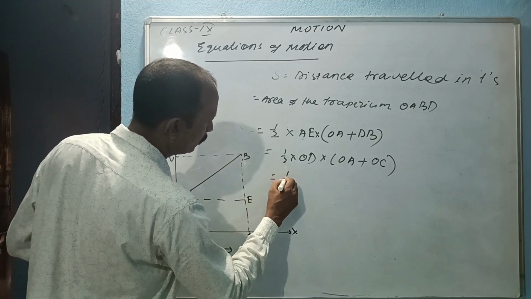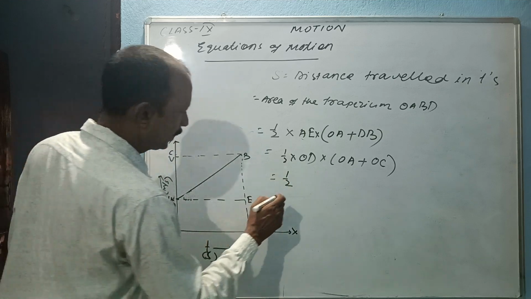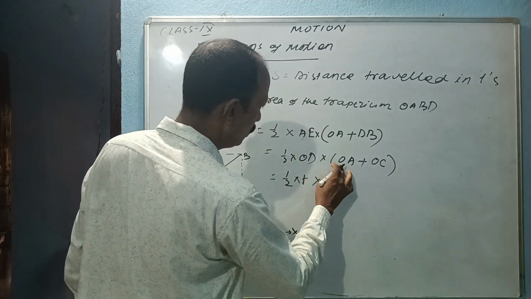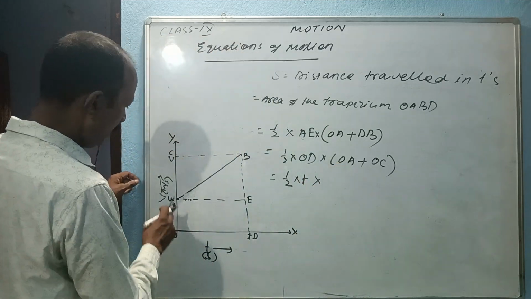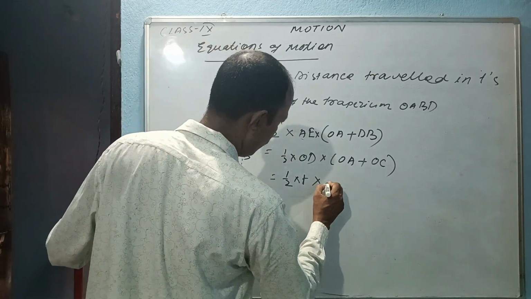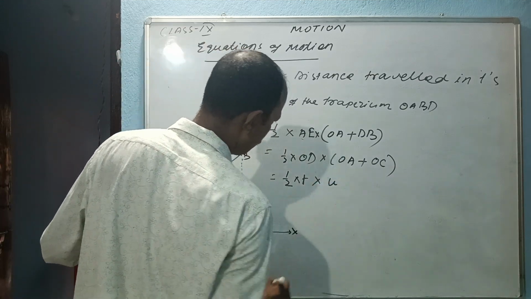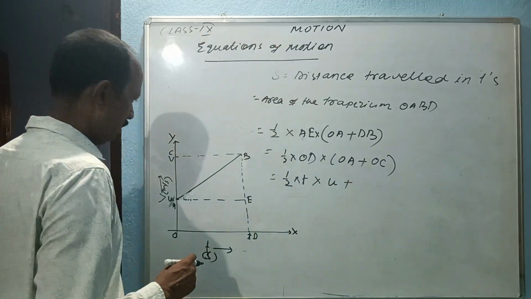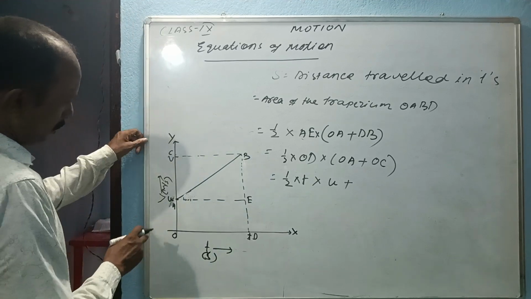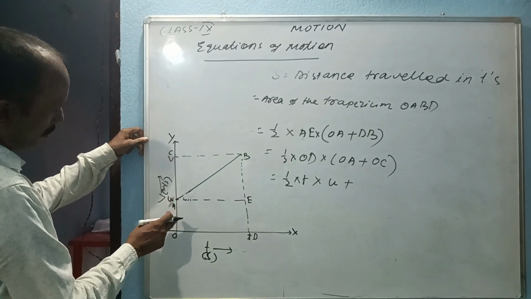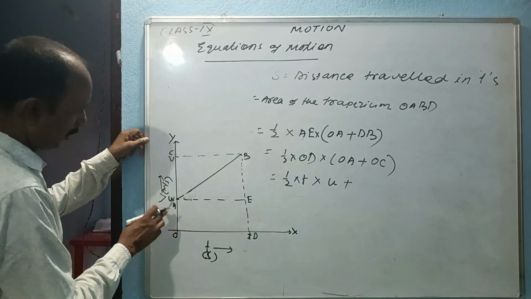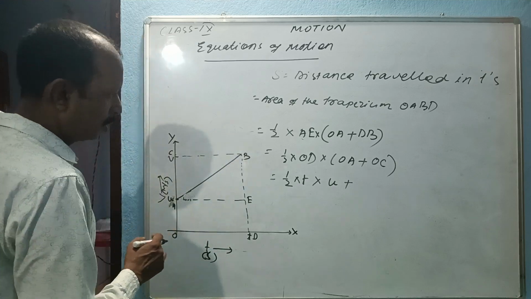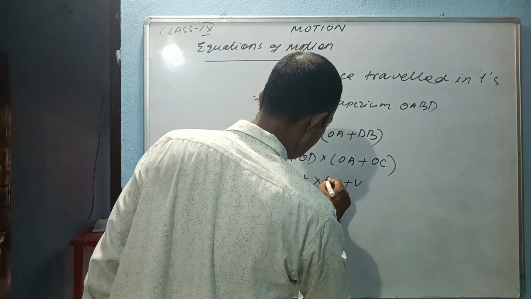This is equal to half into OD, that means half into time, into OA plus OC. OA represents u, and OC represents v.